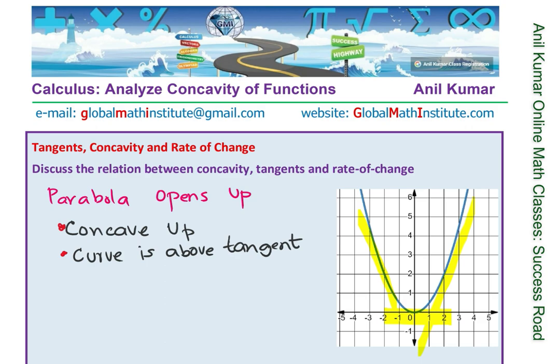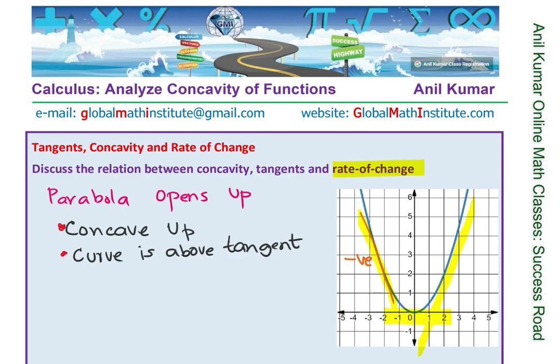Now, let us also understand the rate of change. Rate of change is slightly difficult and tricky. What do we notice here is that the slope of the tangent, which is also called gradient of this tangent, is negative here, right? Since if I sketch a tangent line, you see it goes down, right?